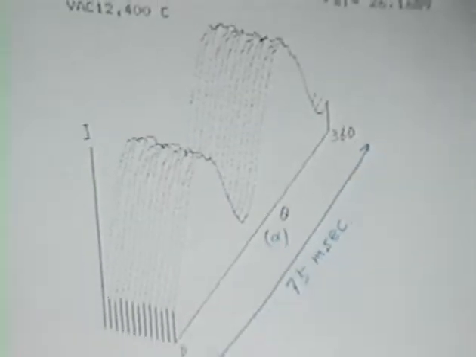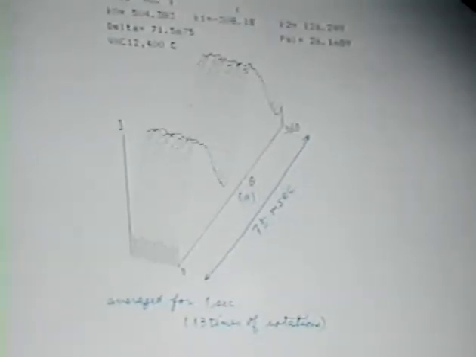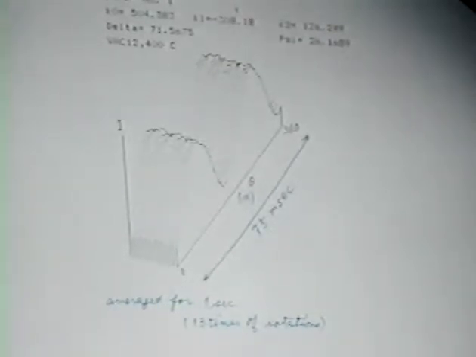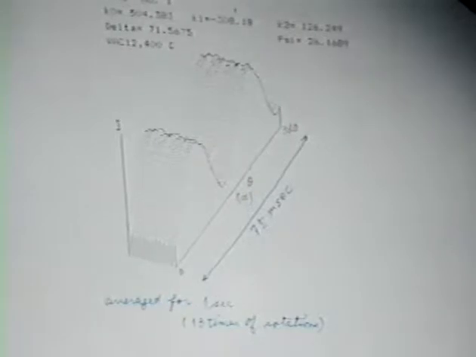By this method, we can evaluate very precisely the change in delta and psi. This is somewhat important in improving the probability in such an average of the rotations. The next slide, please.